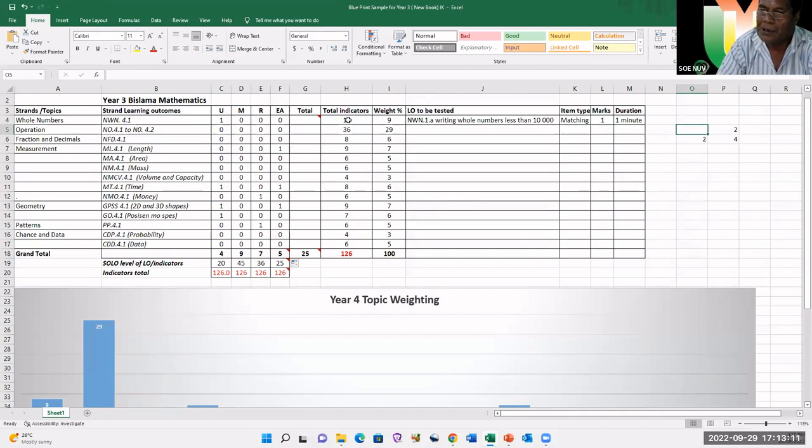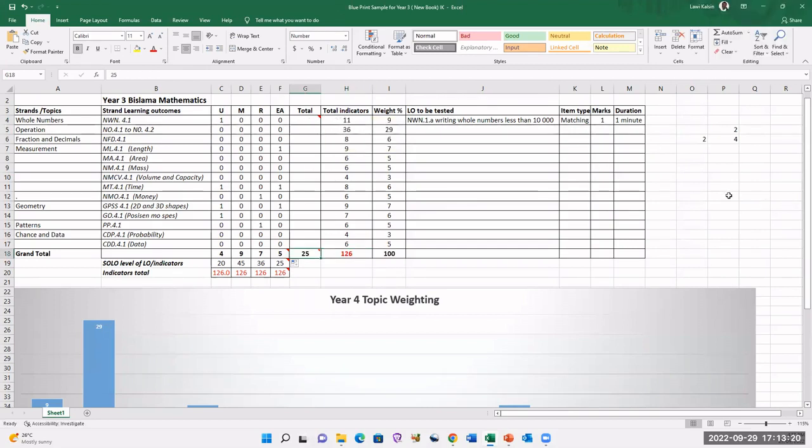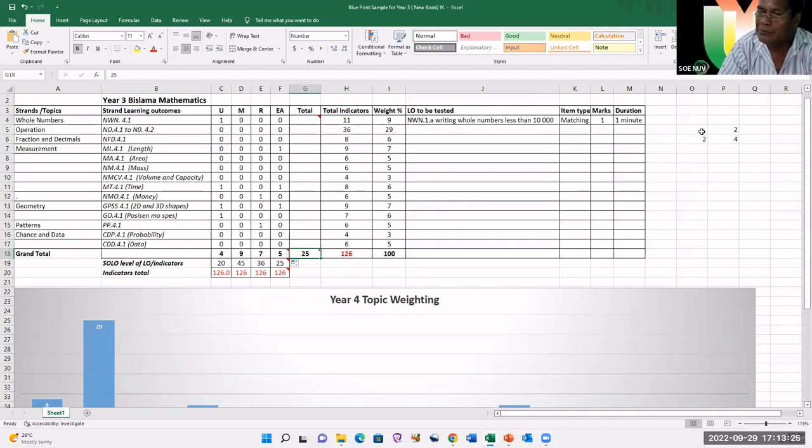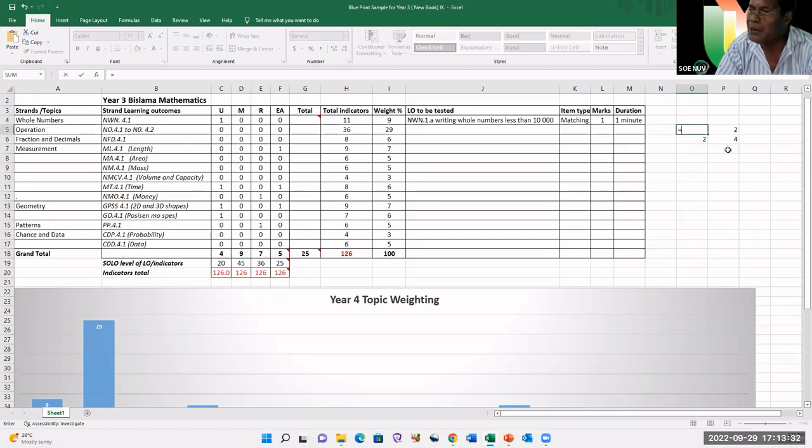Here we have 11, we have 126, we have 25, but this one is missing. So what is the calculation here? It should be equal to multiply by 2, divide by 4. And if we press enter, it says 1.